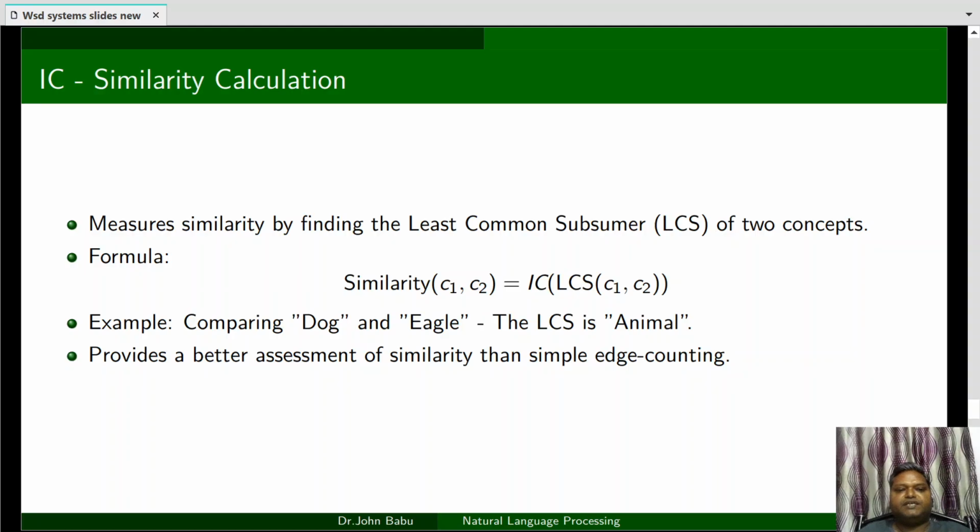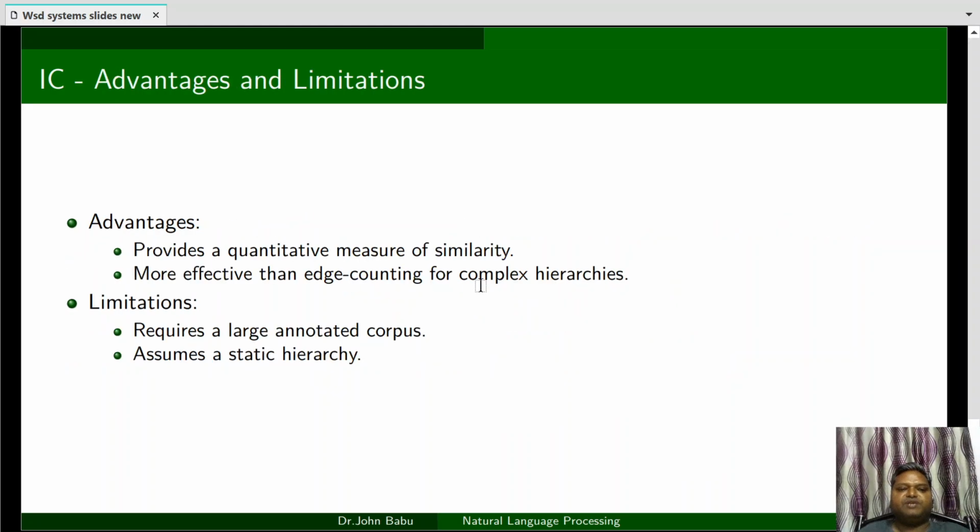So we find the least common subsumer. For example, for dog and eagle, rather than eagle, we can take cat, because eagle is a bird. So for dog and cat, the least common subsumer is animal. So we find that and we find the similarity.